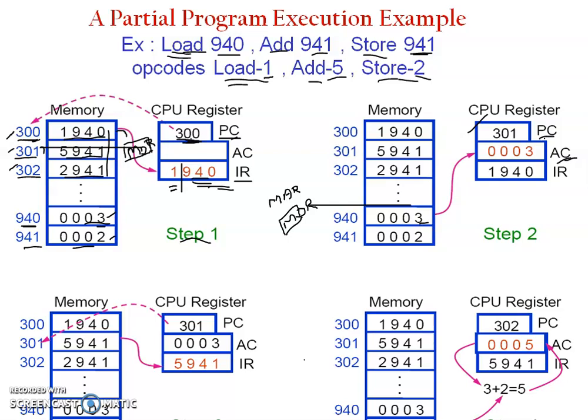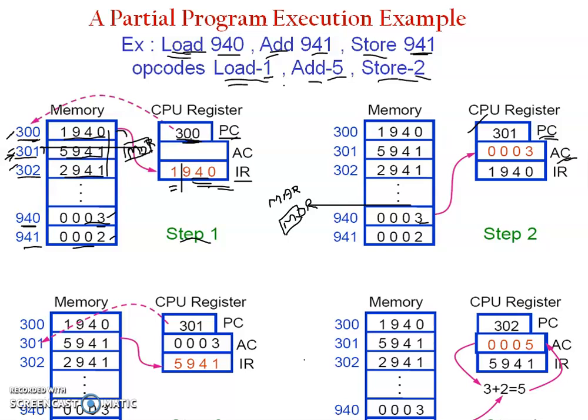Now see here, the PC value will point to the next instruction address. The next instruction is add, which is stored in memory location 301. The PC automatically gets incremented and points to the next instruction. Again the same process: the PC address is copied to the MAR, and from the MAR the control unit initiates the read control signal.